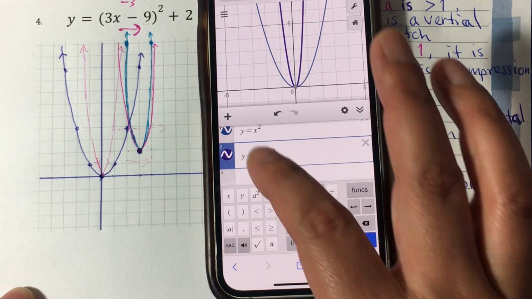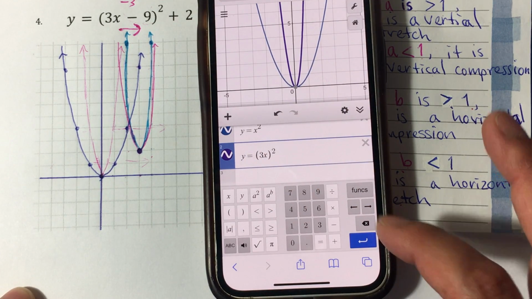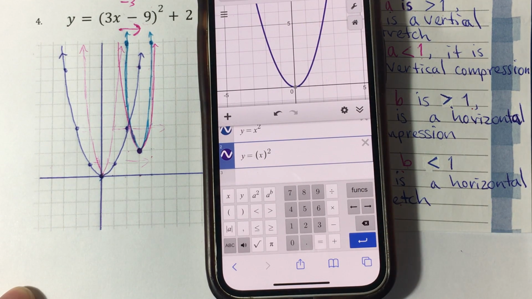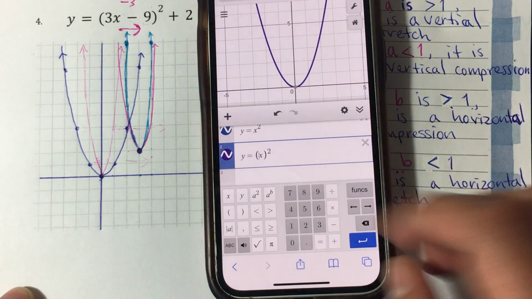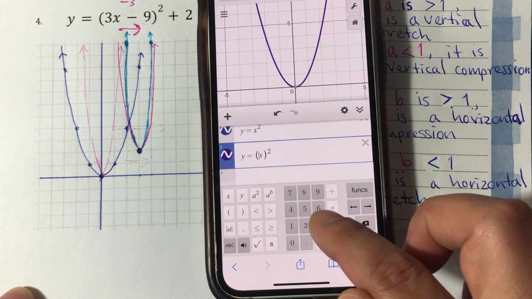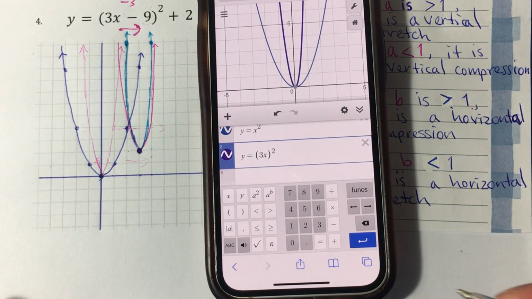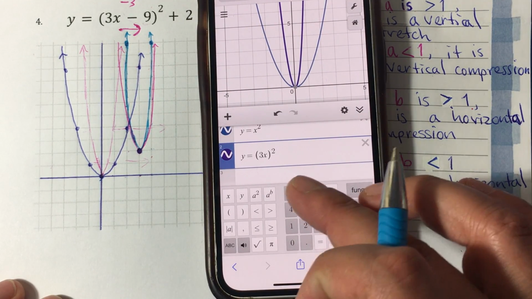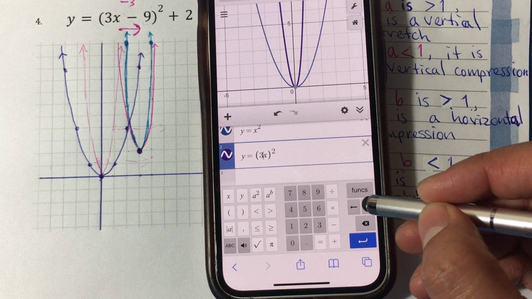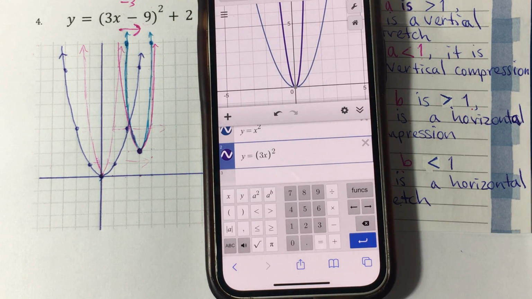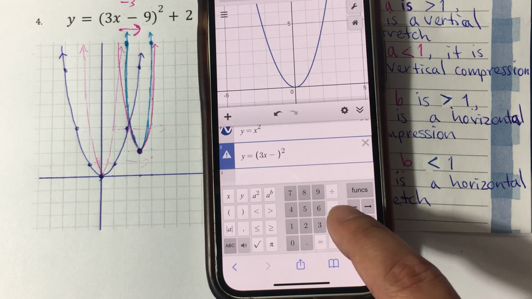Okay, so let me go back in here. Erase the 3. If you have x squared, you just get the mother graph that I already had over there. I put times 3. That makes it compressed, horizontally compressed because it's inside of the parentheses. Then this arrow allows me to move it. So now I'm going to subtract the 9.